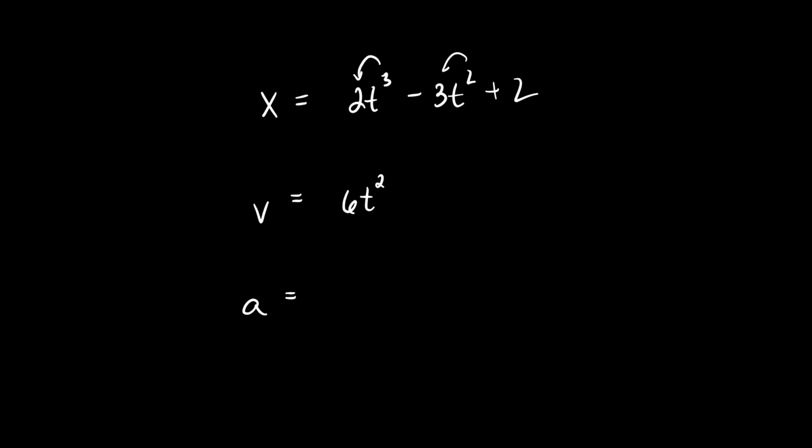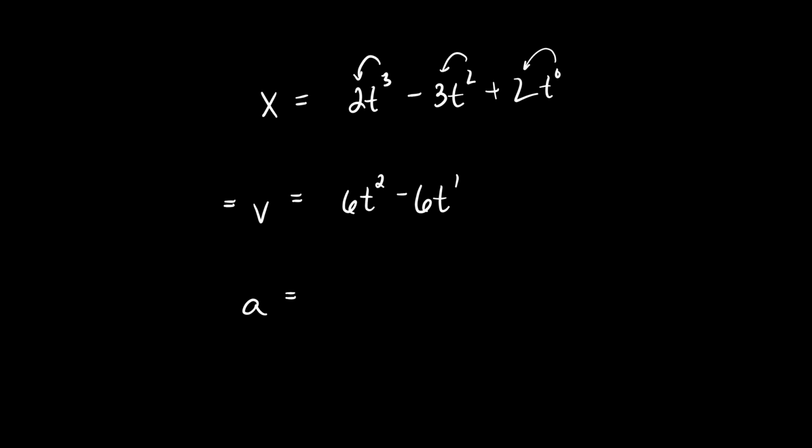Bring the 2 down. 2 times 3 is 6. T to the 2 minus 1 is just t to the 1. And since there is no actual t there, we can say that it's t to the 0 power, which is just 1. Bring the 0 down, it wipes everything out, and I have no term there. Go to the acceleration, I take the derivative again.